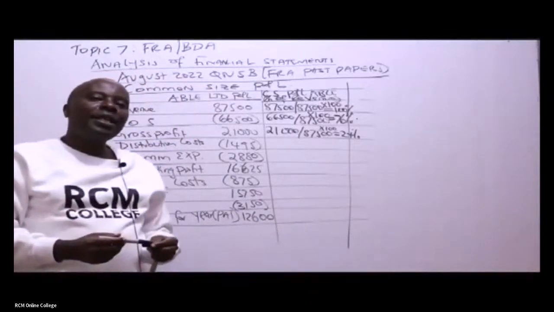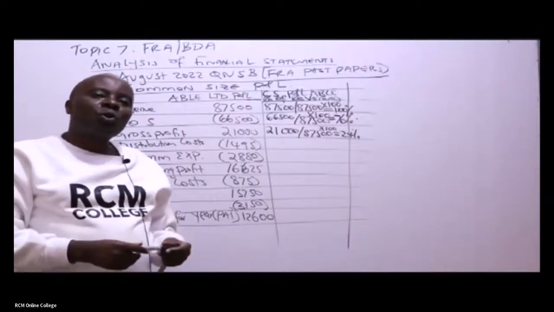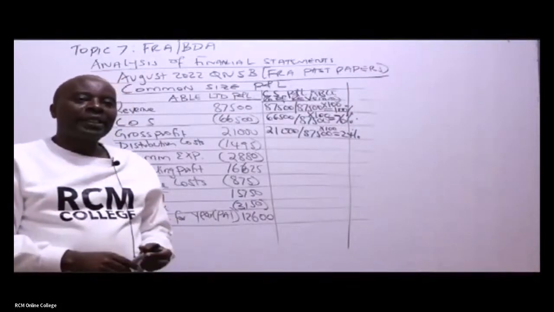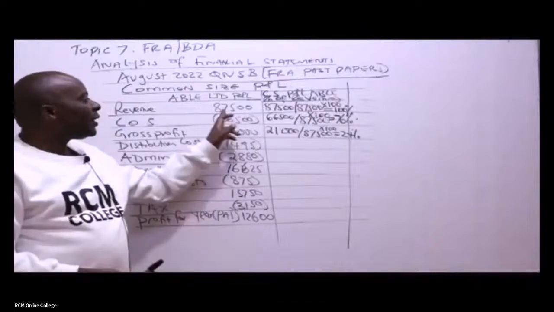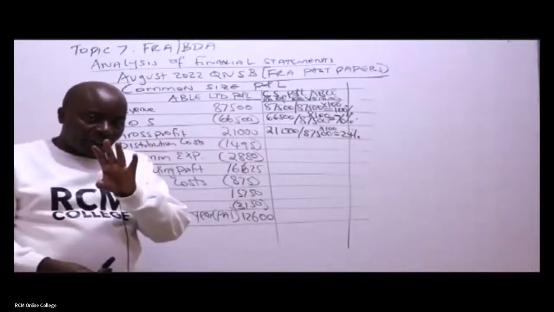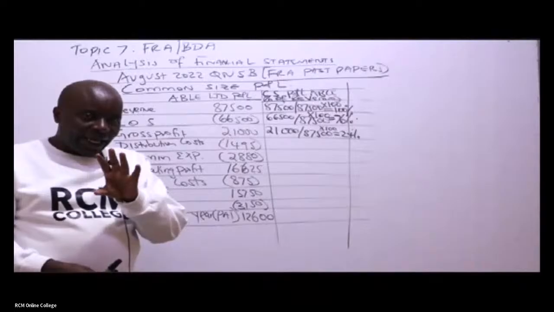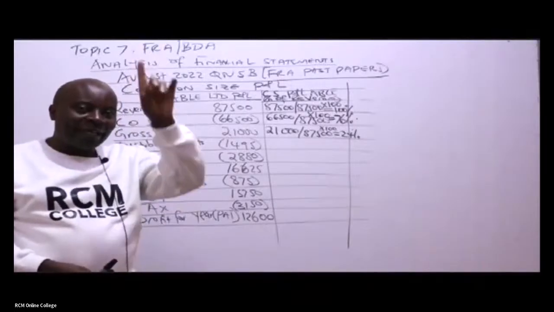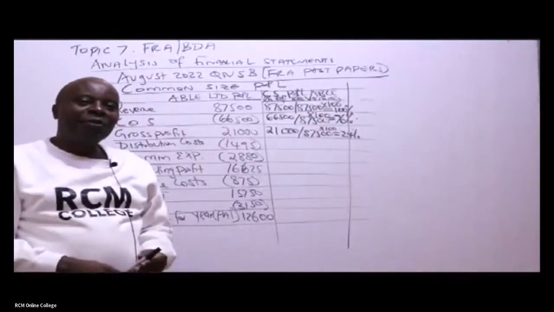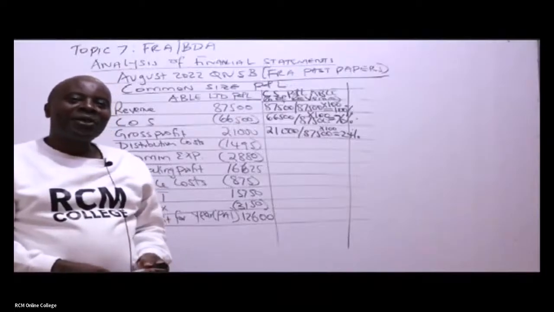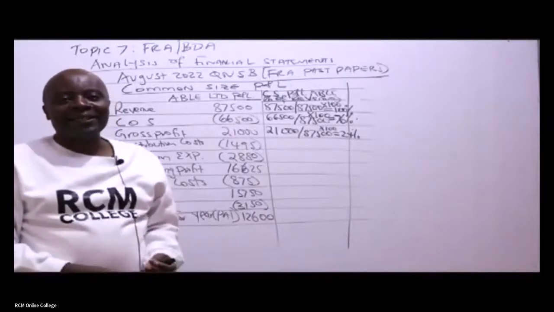So for the BDA students, I'm sure by now you must have picked that this 87,500 is a constant feature. And if it's a constant feature, as I'm doing my divisions downwards, I need to lock it. The BDA students, do you remember how to lock figures?